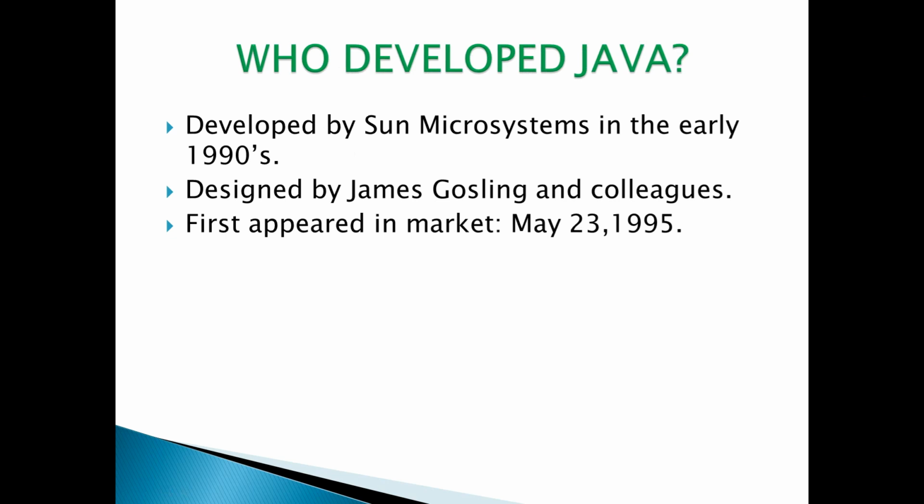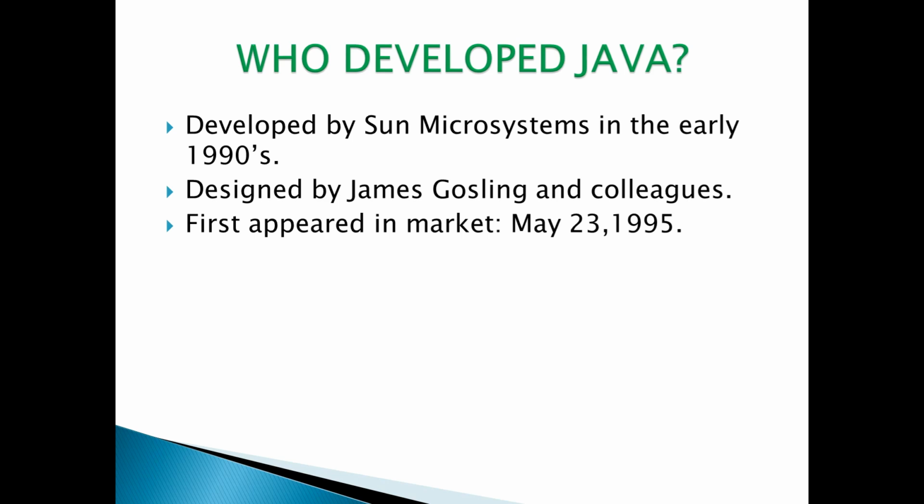When we try to study any technology, we need to know the history of that language or technology also. It was developed by Sun Microsystems in the early 1990s, and it was designed by James Gosling and his team and colleagues.